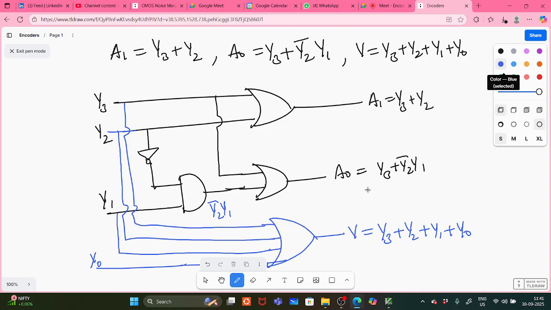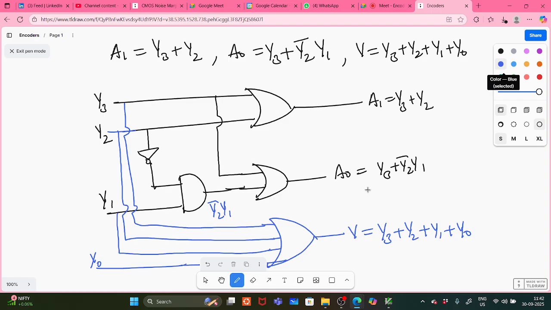There are two ambiguities. When all inputs are equal to 0, the encoder can't find the output, or when one or more inputs are active high, it will give the wrong output. So in order to overcome those ambiguities, we go for the priority encoder.